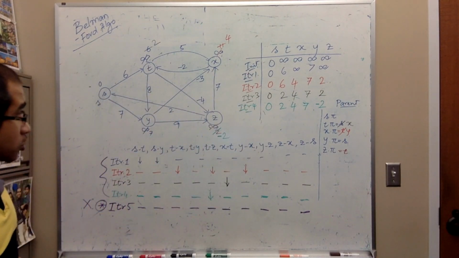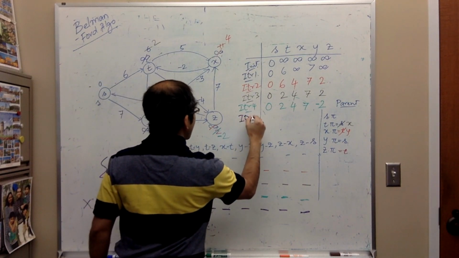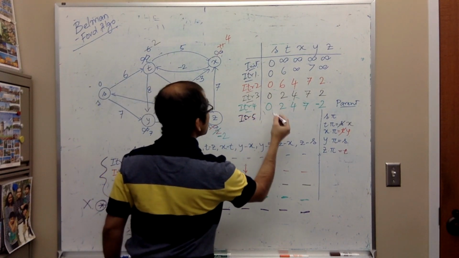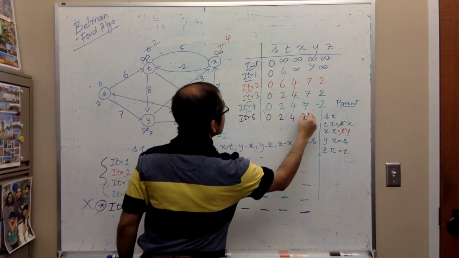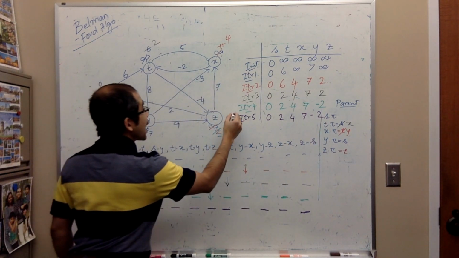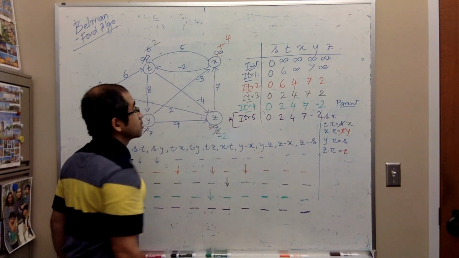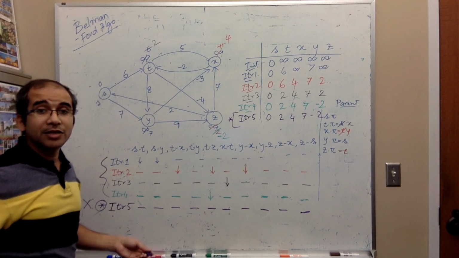So what I wanted to show you is that if we do another iteration 5, you will find that there is no change. It's still 0, 2, 4, 7, minus 2. That means the edges have already been relaxed to the maximally possible value, and one more iteration will not make any difference.